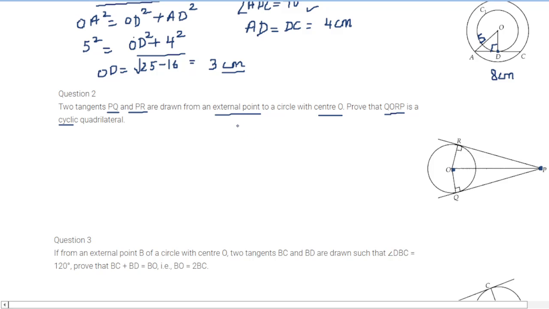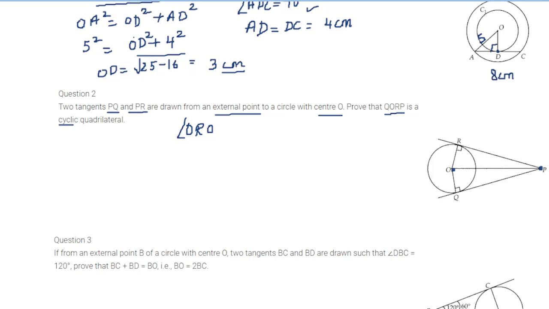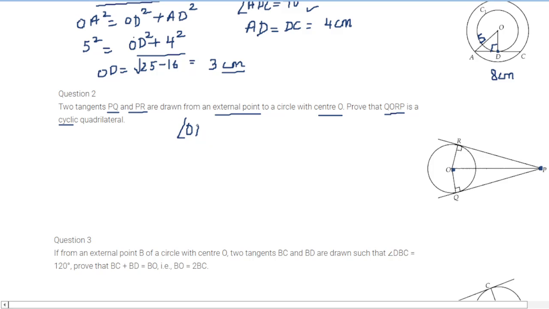So here, if we prove that the sum of the angles ORP and OQP is 180 degrees, and also the sum of the measures of angles ROQ and RPQ is 180 degrees, then that quadrilateral will be a cyclic quadrilateral.